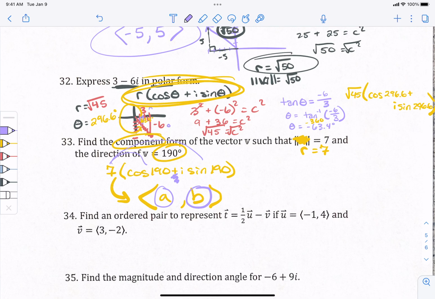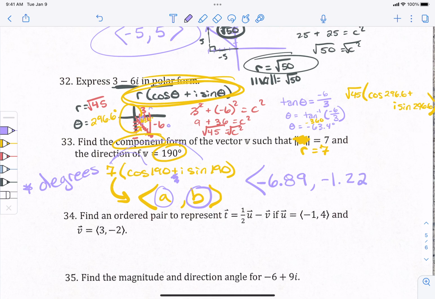Now, do you need to be in radians or degrees? Degrees, because 190 is in degrees. So 7 cosine 190 is something like negative 6.89, I'll go 2 decimal places, and 7 sine of 190 is negative 1.22.